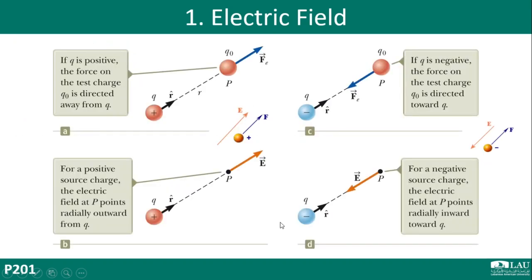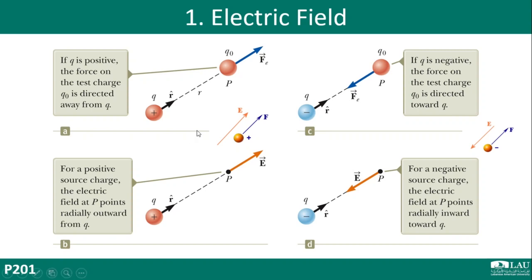As you can see here, we have a positive charge. Let's take example A. We have a positive charge Q, and we have our test charge Q0. In this case, we know that if we have two charges with the same sign, the force will be a repulsion force. If we have an attraction force, the charges have opposite signs.